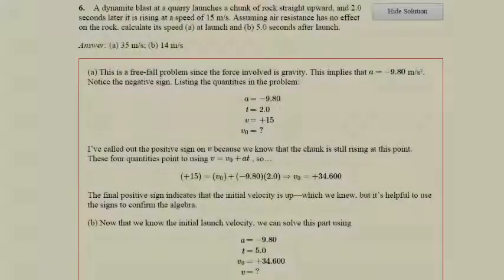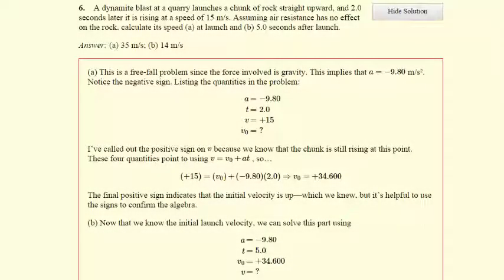And what about number 6, the one I was so afraid of at the beginning? Well, let's look at it for a few minutes. Number 6: dynamite launches a chunk of rock straight upward.